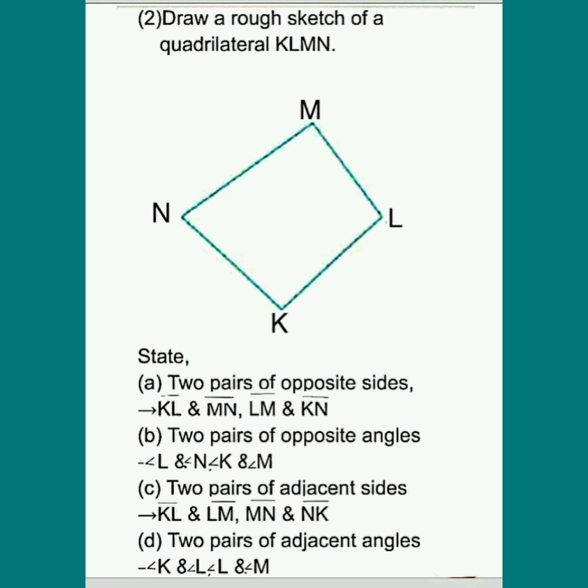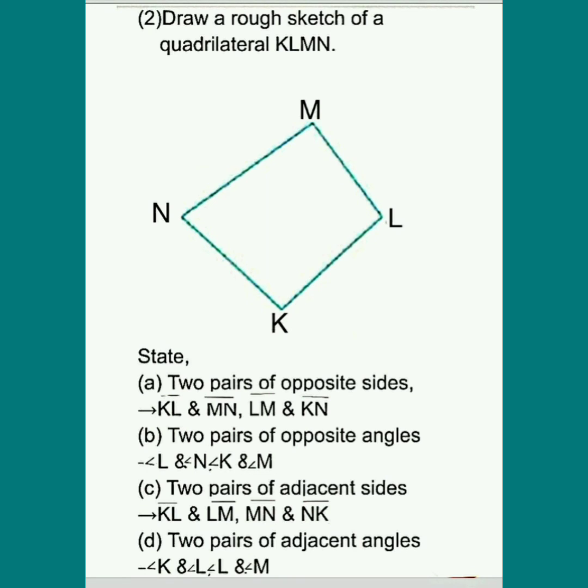Okay, you have to write pairs. Two pairs of opposite angles. Now opposite angles means they will not have a common line segment. Okay. So, angle L and angle N, they are opposite angles. Angle K and angle M are opposite angles.